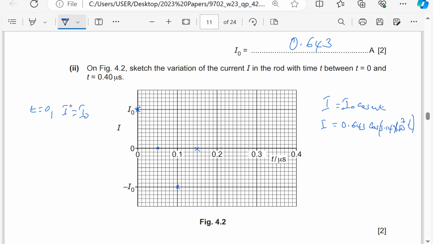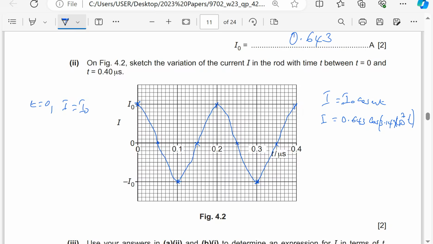When t is 1 period, it goes back to maximum. When t is another quarter, it goes to 0. Then it goes to maximum, back to 0, then maximum. So this is going to be like this. Okay, as simple as that.